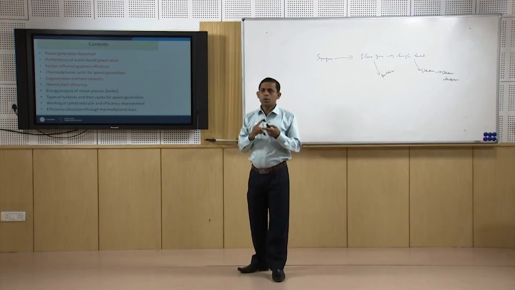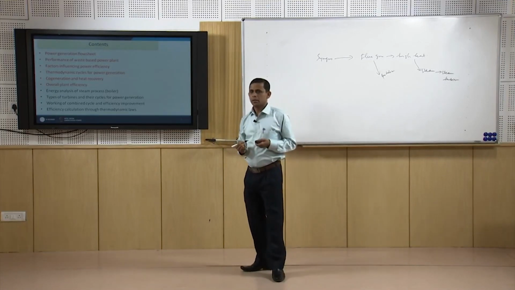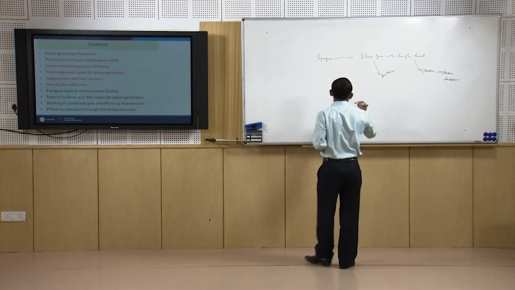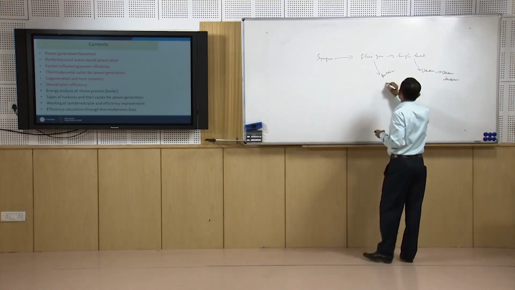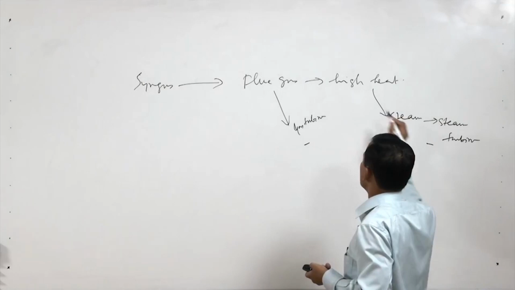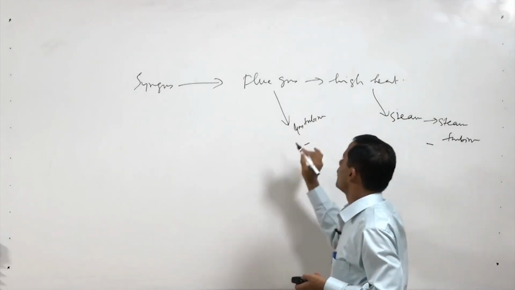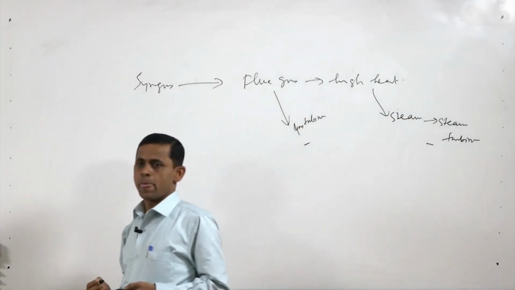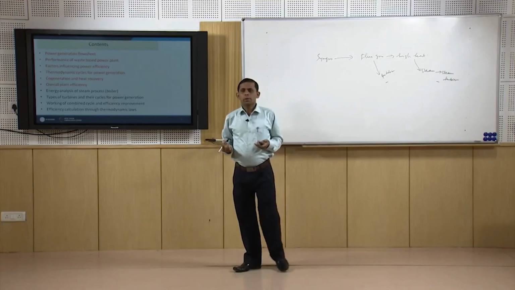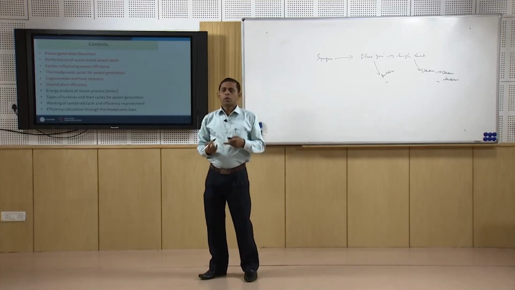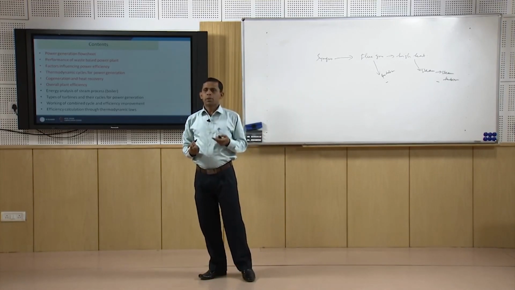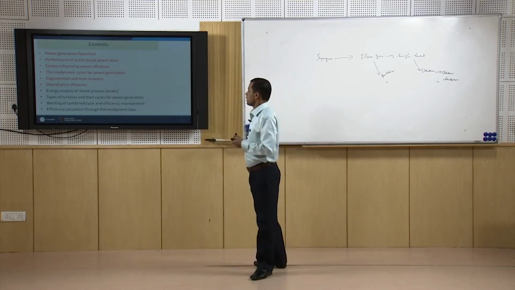So, there are two options in this case. Either we can use a gas turbine followed by a steam turbine, or only a steam turbine, or only a gas turbine. So, the efficiency of the process will depend upon which step we are adopting.